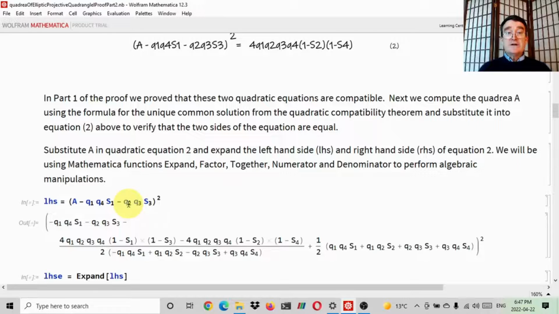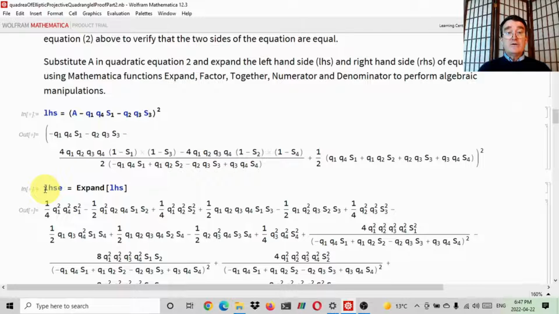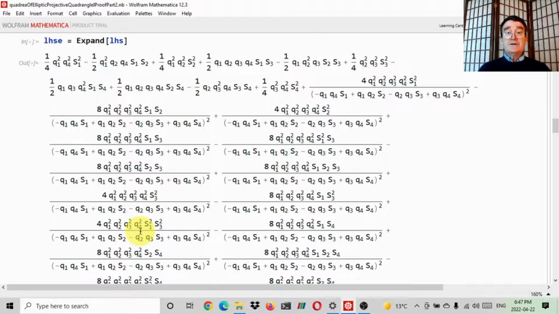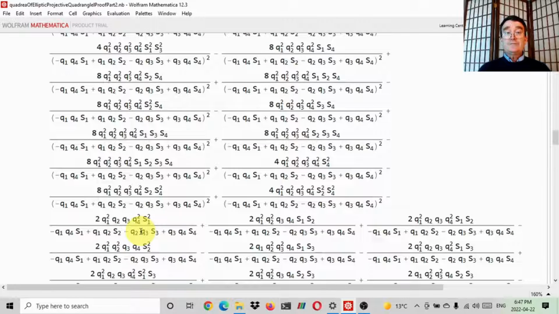And we're going to expand that out, and we get the variable left-hand side expanded. We're calling the Mathematica function expand on this left-hand side, and that gives us this long expression when we expand it all out. Next, we're going to call the together function of Mathematica on this expression up here.